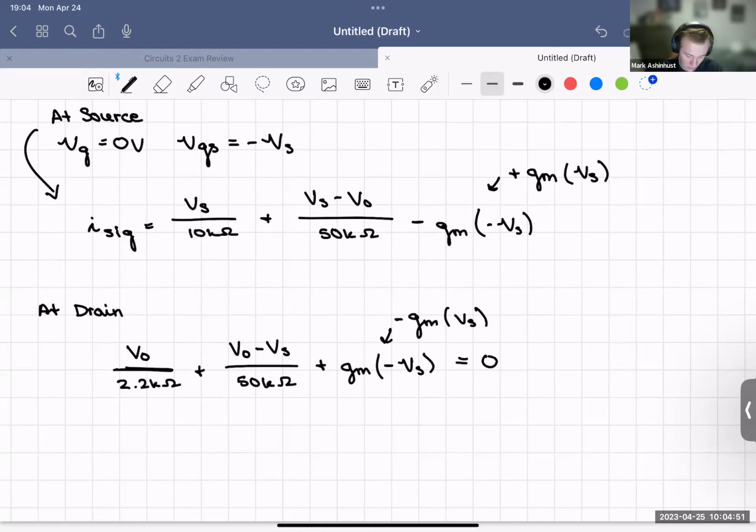So using that, we can solve at the drain. We have V out and VS. We can solve for V out in terms of VS or VS in terms of V out.